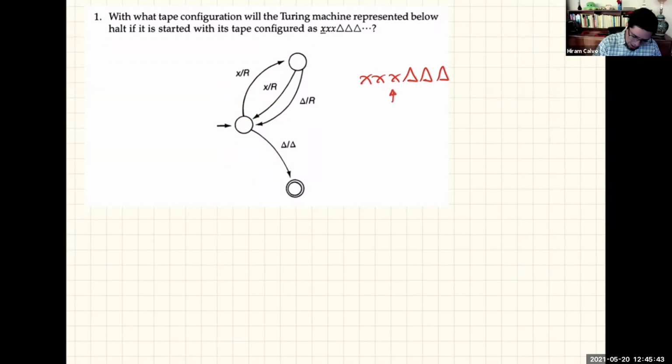And again, we need to move to the right and again, we will end up in this state. Because we move to the right, then our head is here. And it says if you find a triangle, which is the blank symbol, then you move to the right. Then again, move to the right. And finally, we have here, and it says, if you find an empty space, then write an empty space like this, and then halt. And that's it. That will be the end of this execution.